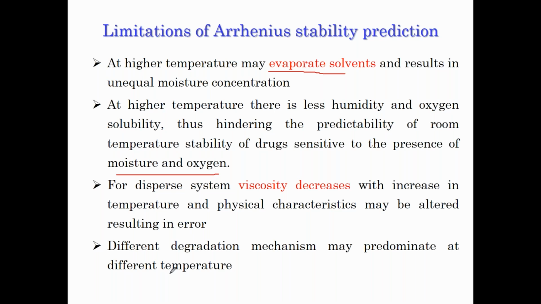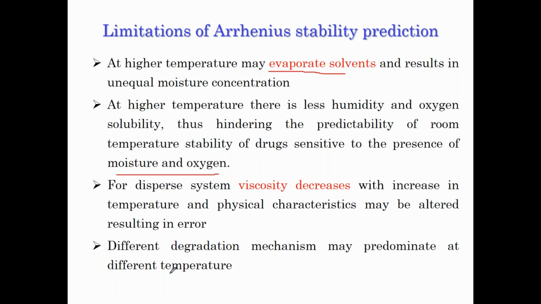Though in a simple way we keep saying the degradation of the drug, this degradation has different pathways, and we are actually not concentrating much on that. There are different chemical reactions ultimately. It may follow one pathway at one temperature and another pathway at a higher temperature. So that also becomes a problem for us to interpret.